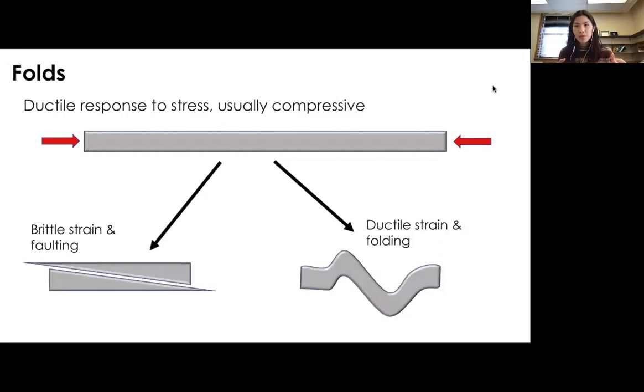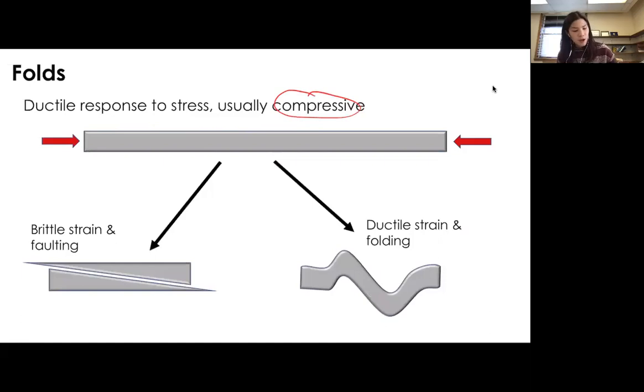The reason we're focusing on compressive stress here is that, if you remember several slides back, under extensional or tensional stresses, most rocks under most temperature and pressure conditions are going to behave brittly. And so most of the ductile response that we see in rocks is going to be from compressive stresses.